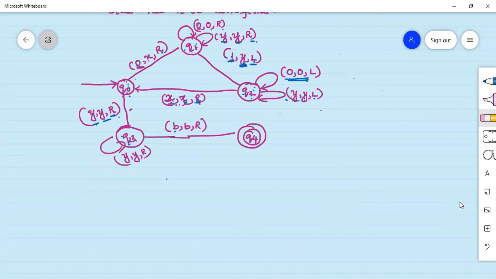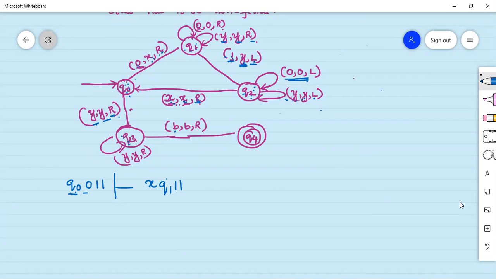Let us start with where our starting state is Q naught. Let us have 1, 0 and 2 ones. All right. So Q naught on 0, replace it by X, move towards right, change the state to Q1, right?